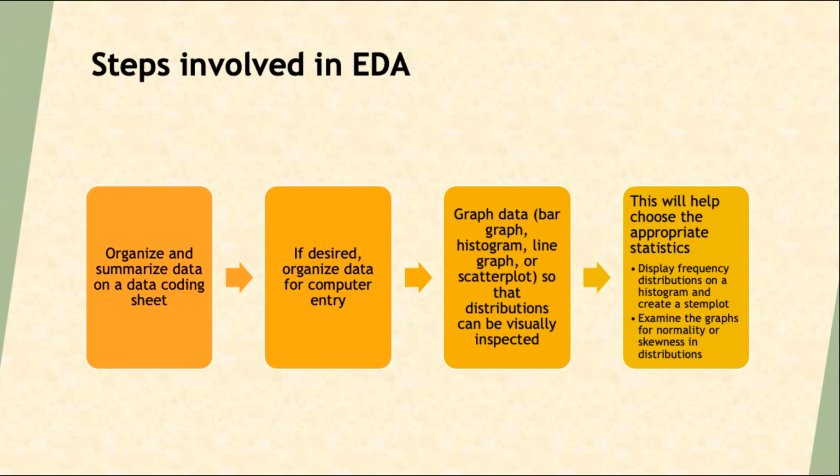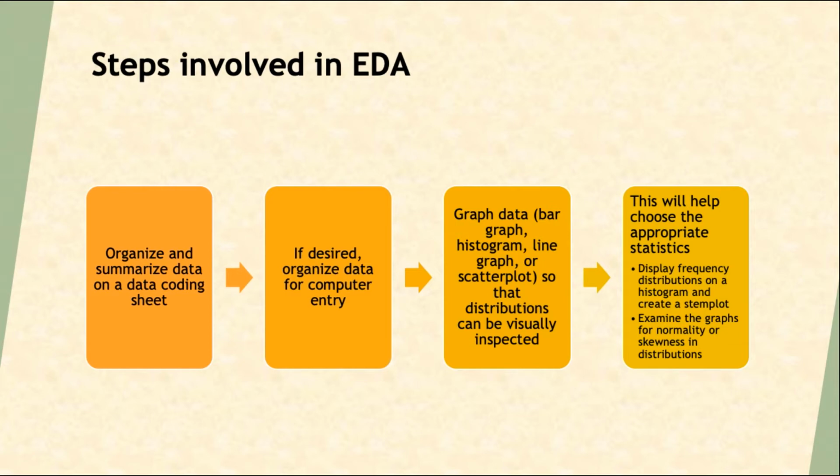What are the steps that we need to use in EDA? First, as we say, we organize and summarize data on a data coding sheet. Then, if desired, we organize the data for computer entry.